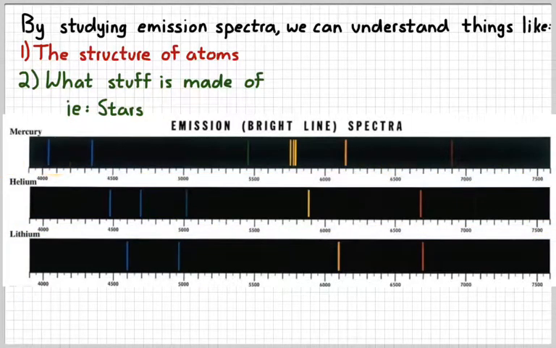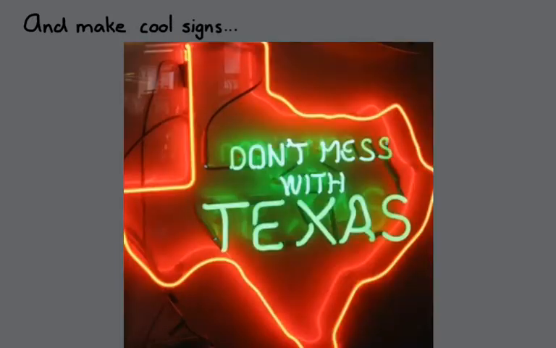Fun fact: helium was actually discovered on the sun based on the bright line spectrum from the sun before it was discovered here on Earth. We saw lines in sunlight we hadn't discovered yet on Earth, and that's how we knew about helium. We can also use it to make cool signs, like this neon sign right here.